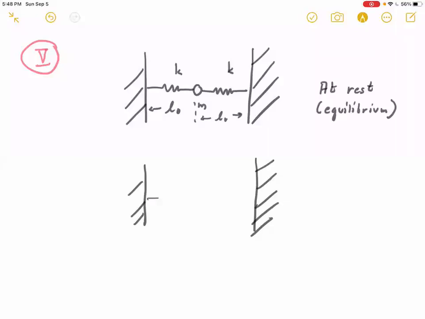And what I'd like to do here is move my mass to the right. Again, this dotted line stands for the equilibrium position.